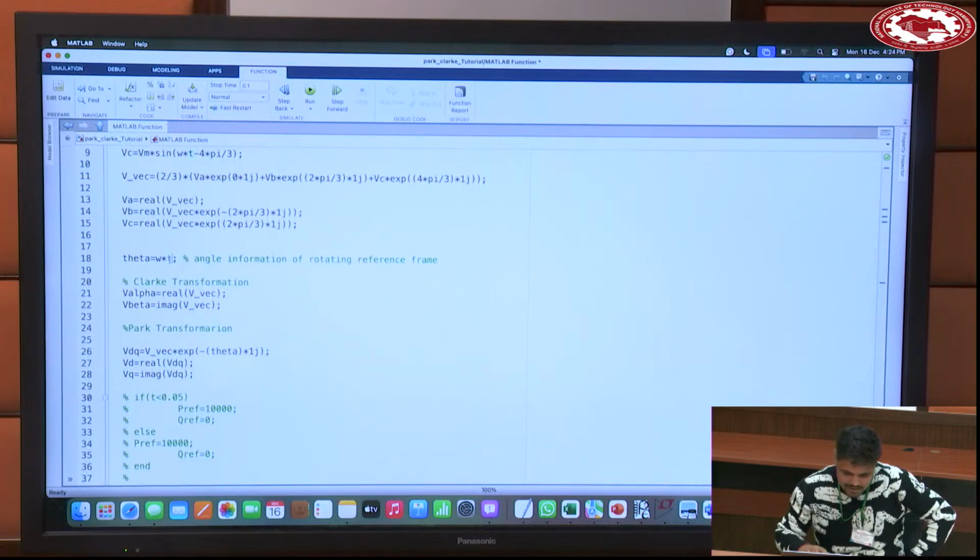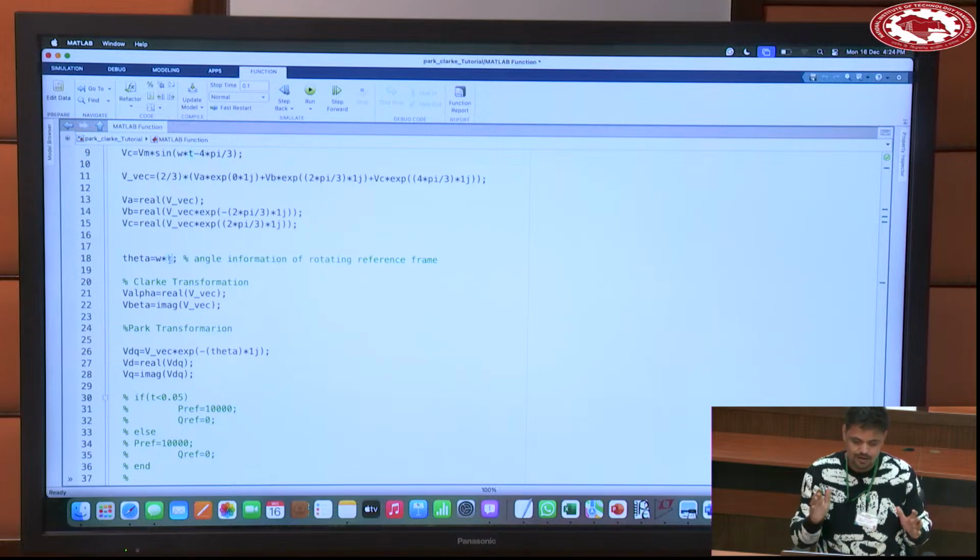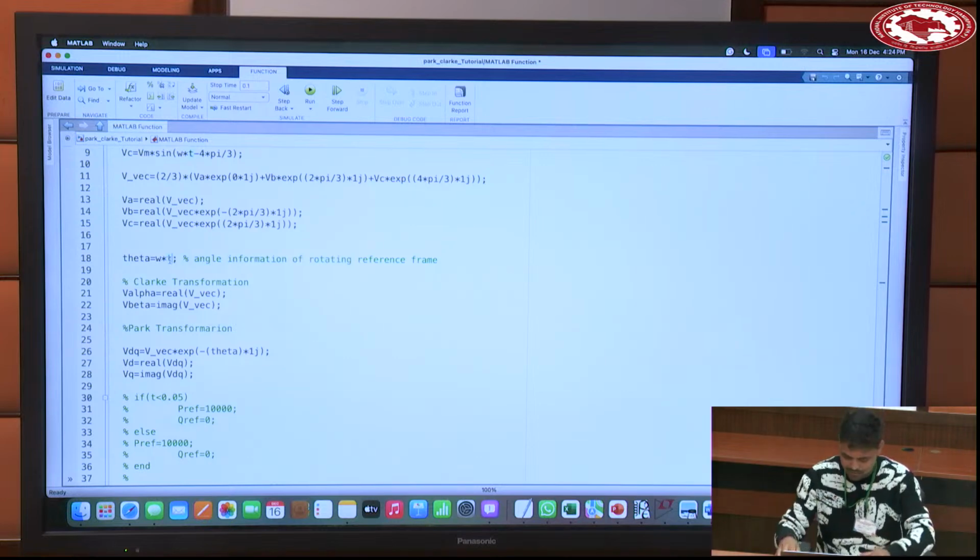I am shifting this reference frame by pi by 4 from the A phase. What do you think?